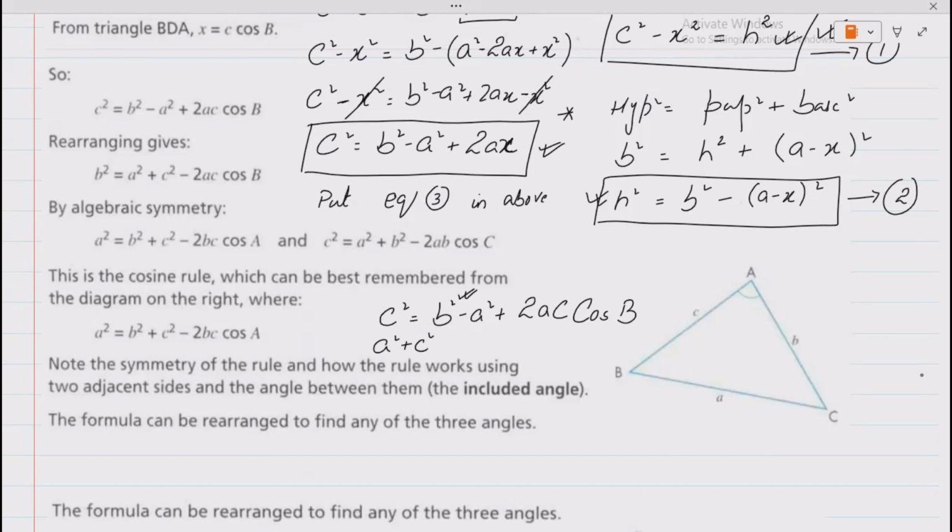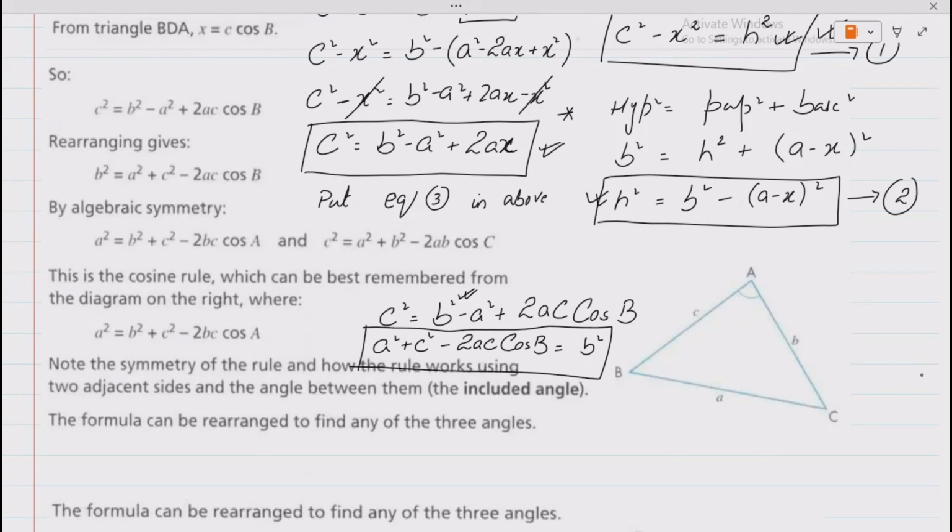This 2ac cos b goes there, so minus 2ac cos b equals b square. So actually this is the law of cosine formula, that b square is equal to a square plus c square minus 2ac cos b. This is one variant of law of cosine.